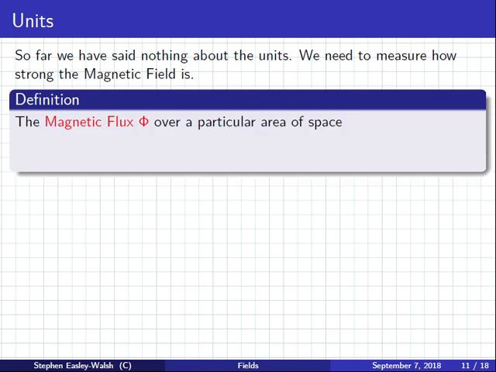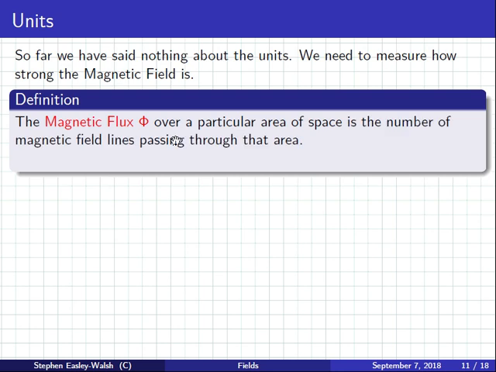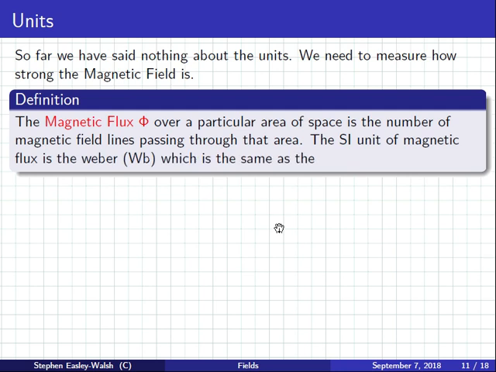So firstly, some definitions. The magnetic flux over a particular area of space is the number of magnetic field lines passing through that area. The SI unit is called the Weber, which is the same as volt seconds actually. I'll maybe demonstrate that with my book here.